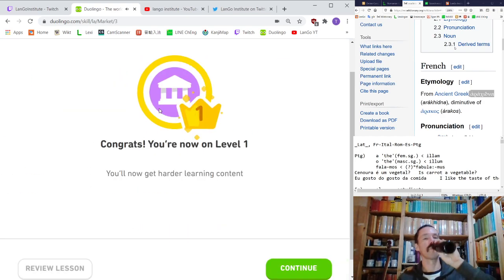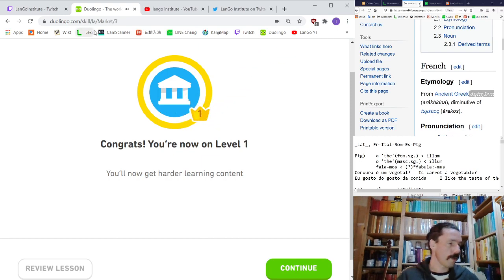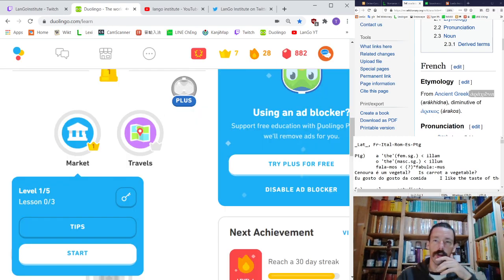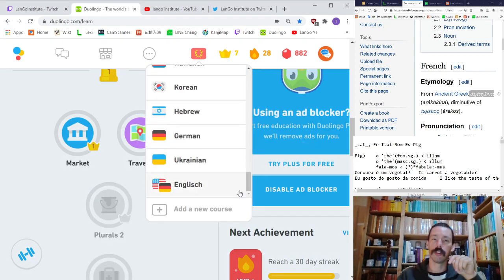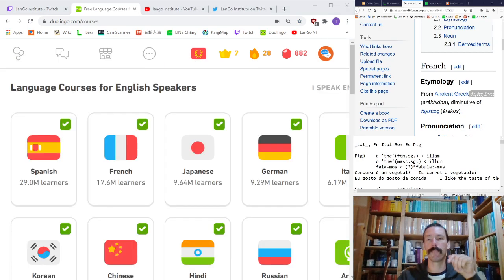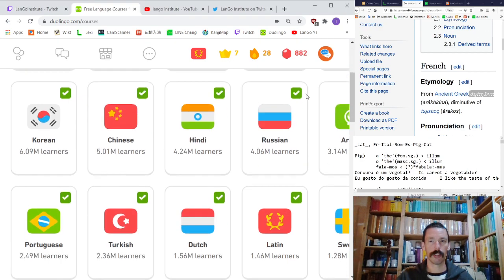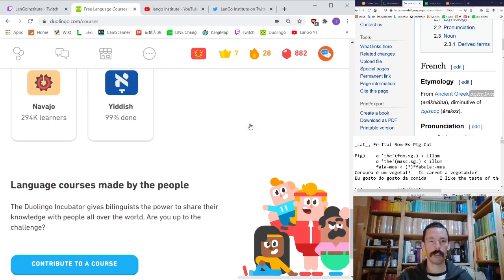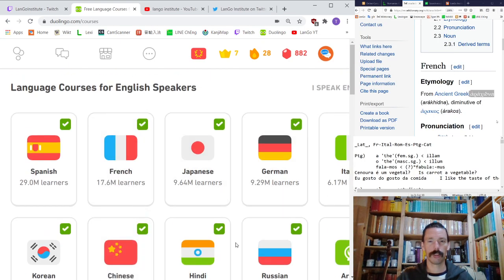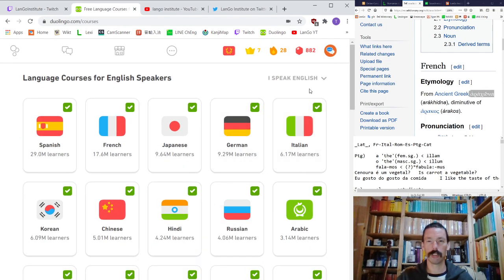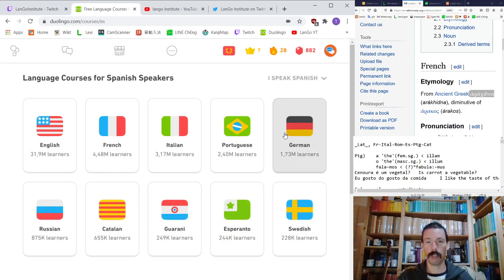So have we seen all of the Romance languages? Well, I haven't started the Catalan course. Let's do that. Now is the time. Where do I switch? Okay, I'll say I speak Spanish. It's a bit of a stretch, but I get by.